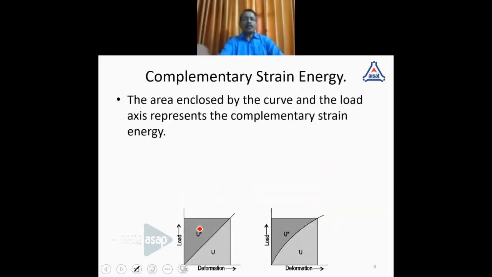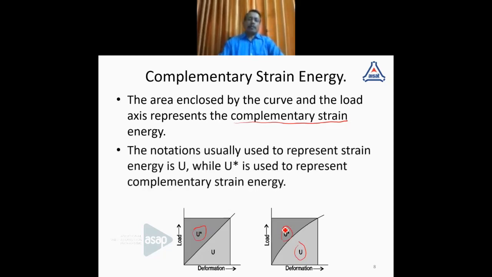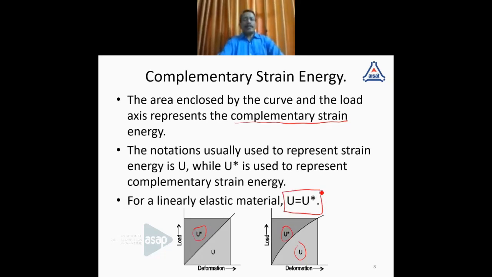It is the area enclosed by the curve and the load axis, which is called complementary strain energy, U star. These are the two notations used, U and U star, strain energy and complementary strain energy. So in a linearly elastic material, we can say U is equal to U star. Here, this is a linearly elastic material where both these are equal.